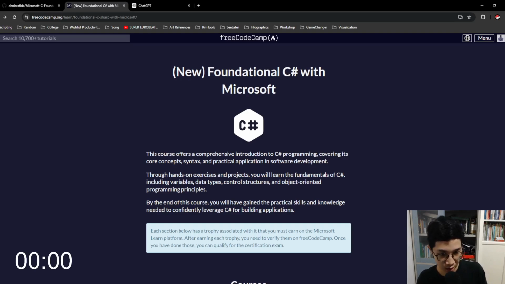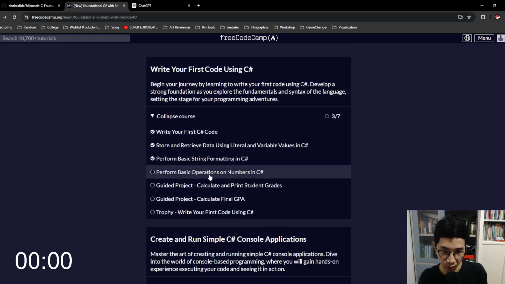Now I reached module 4, and the title says, perform basic operations on numbers in C#.